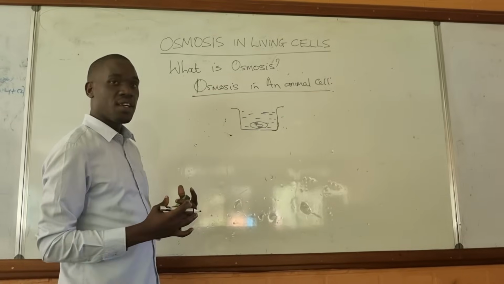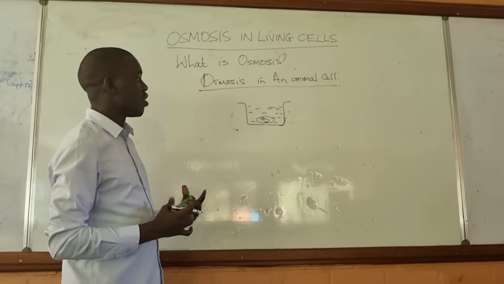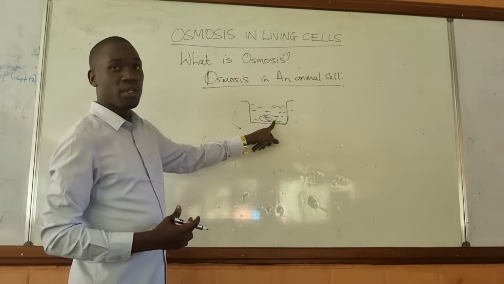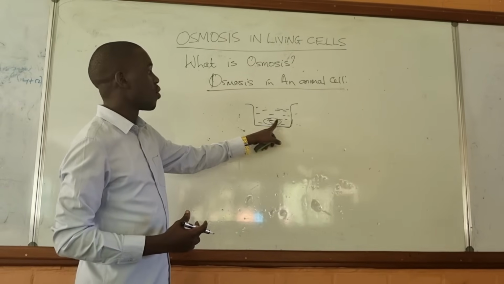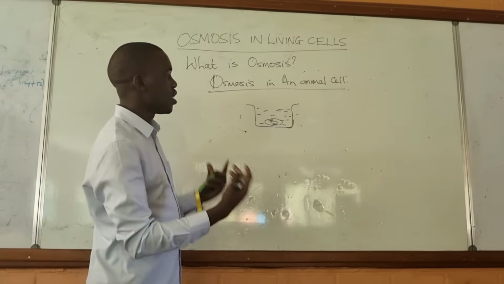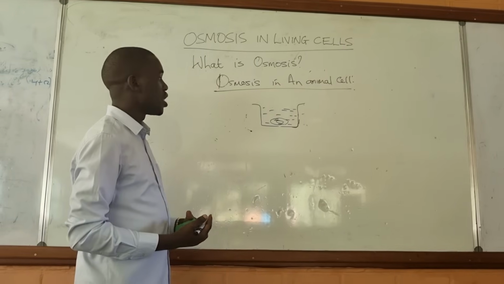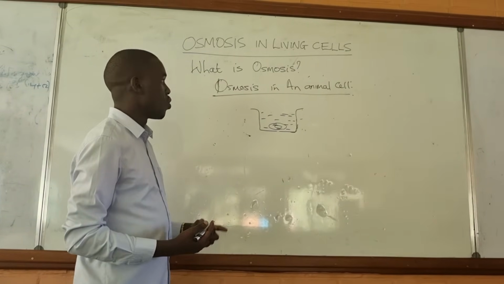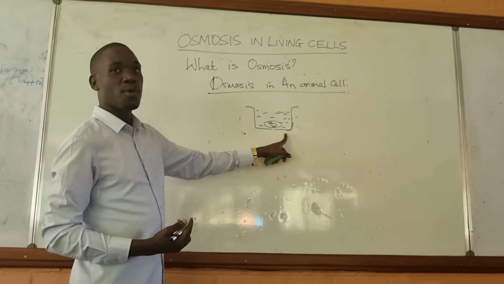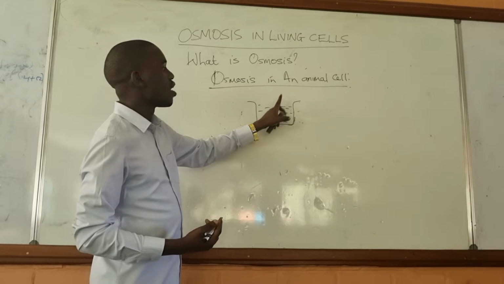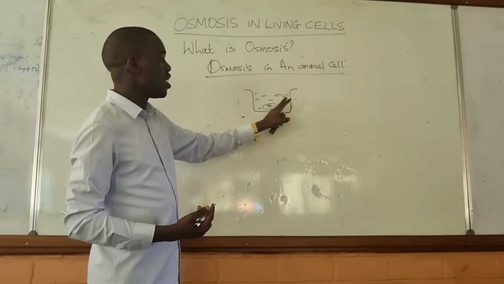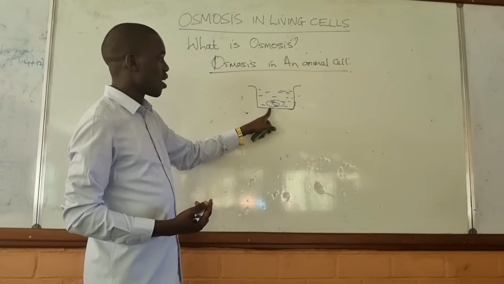The animal cell inside has low water potential, whereas outside of it there is high water potential. So what do we expect? We expect movement of water molecules from outside the animal cell into the animal cell.